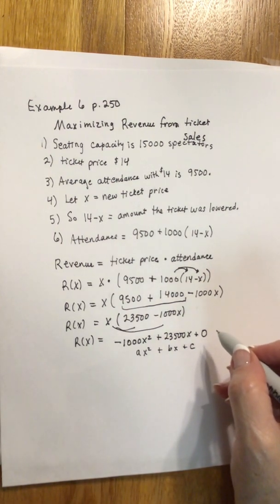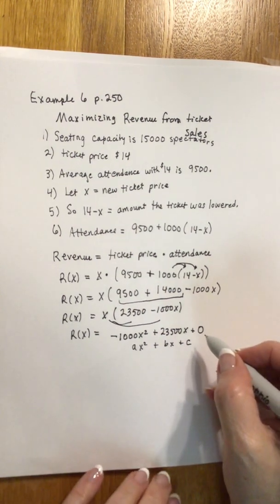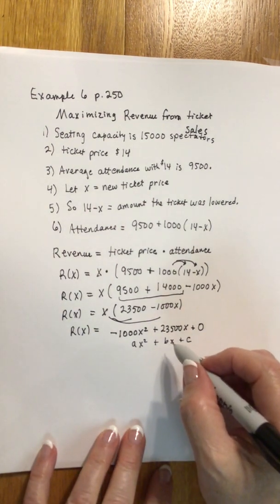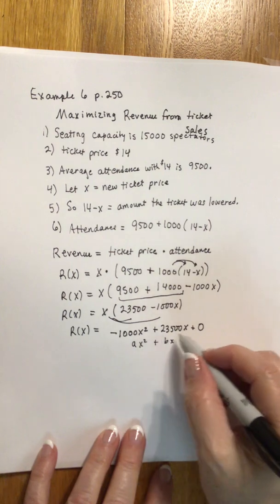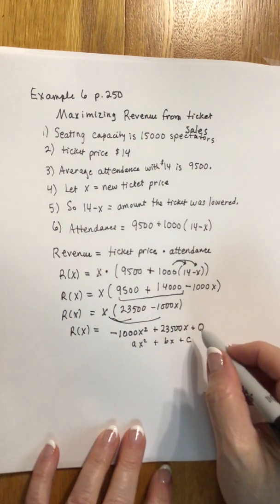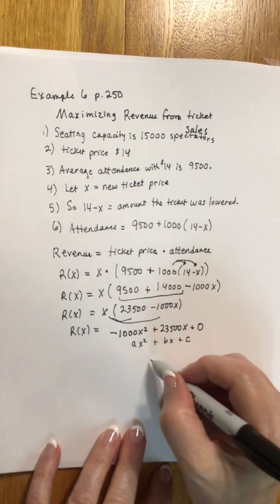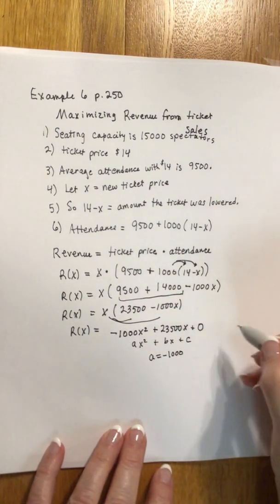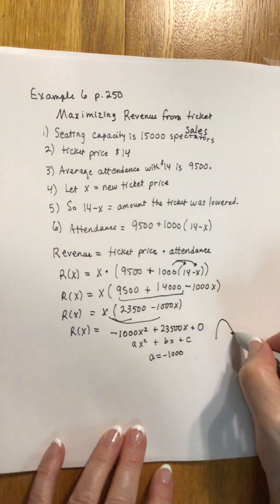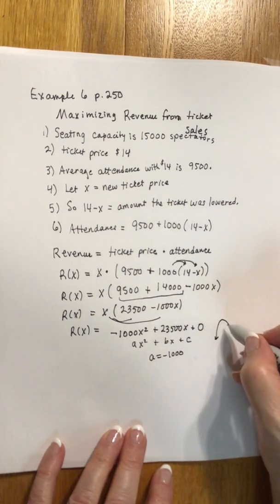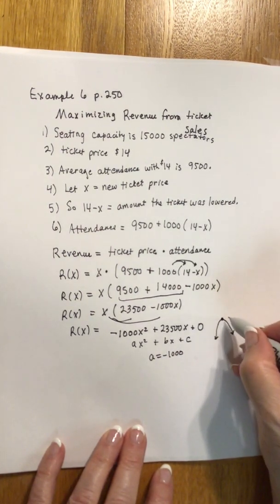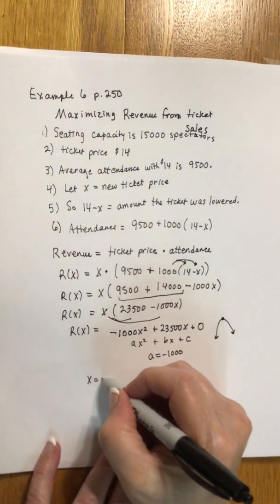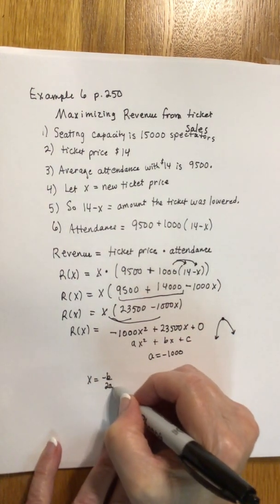So we're going to find out what the b is. We're going to find out what the vertex is. But first, before we find out what the vertex is, what is this thing going to look like? It's going to be a parabola that does what? A is equal to negative 1,000, right? So that means that it's going to open down, which we were hoping because it says maximizing the revenue. So we're going to take the top point. So this one is in the form x equals negative b over 2a.